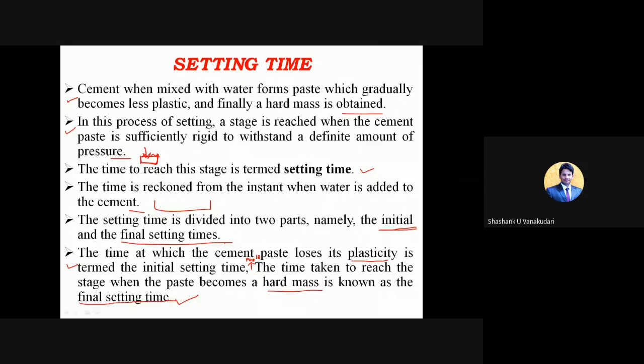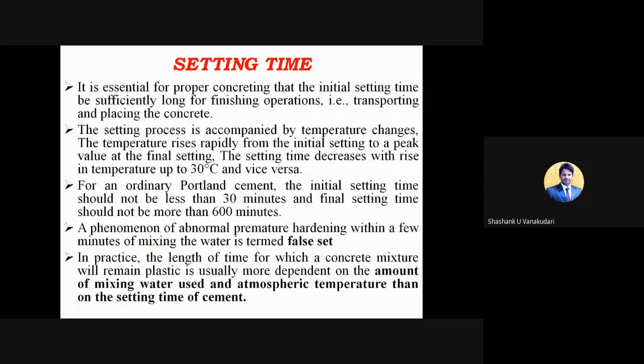Clear? Essential for proper concreting, the initial setting time should be sufficiently long for finishing operations, that is transportation and placing of the concrete. Within these activities, the concrete should be sufficiently liquid in nature, then only we can work easily with those materials.